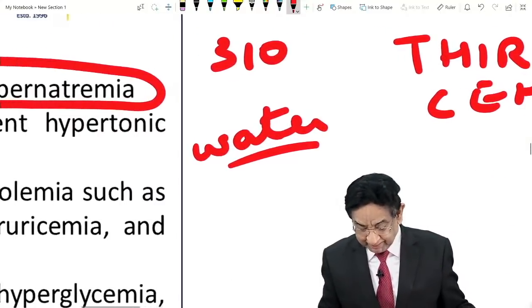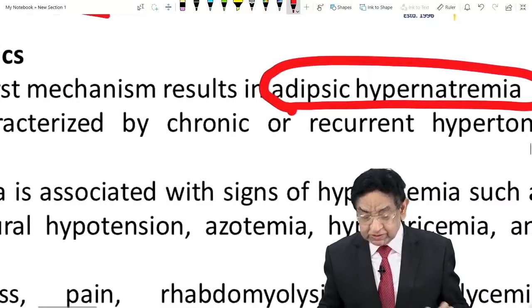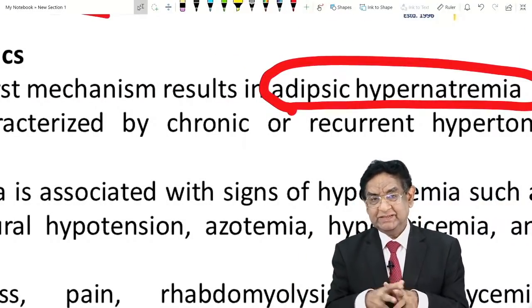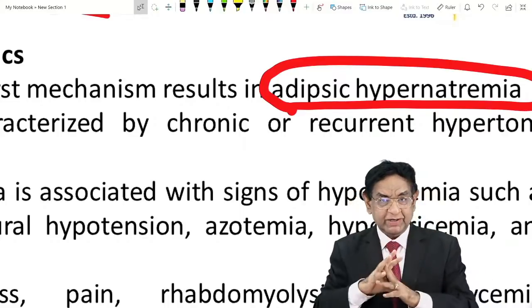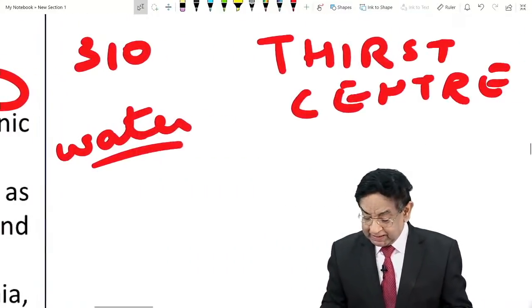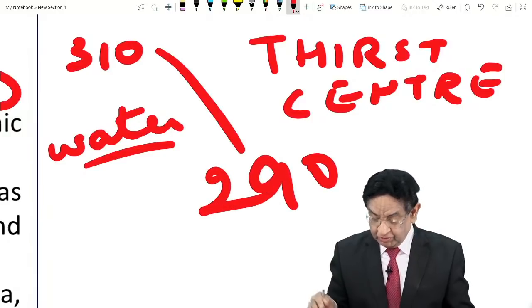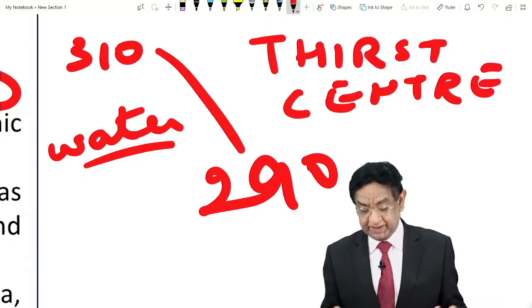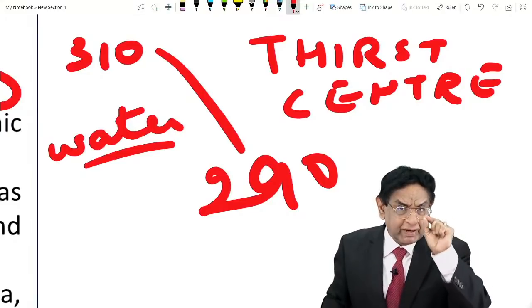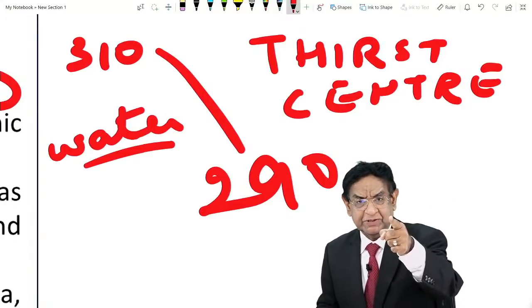Yeah, we come back. So this is the normal physiology, and once you are taking water, you are thirsty, your plasma osmolality, which was 310, has come to 290. Oh, you are very happy. It has come to normal range. But suppose there is one patient, again a head injury patient.